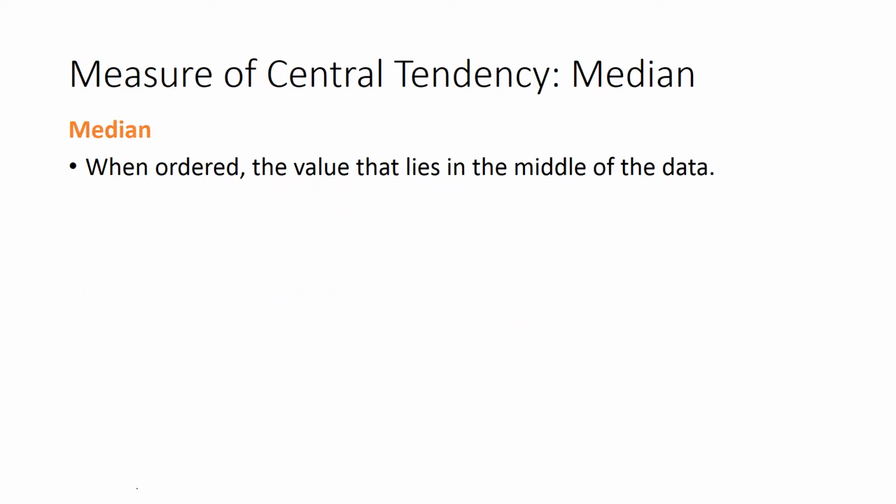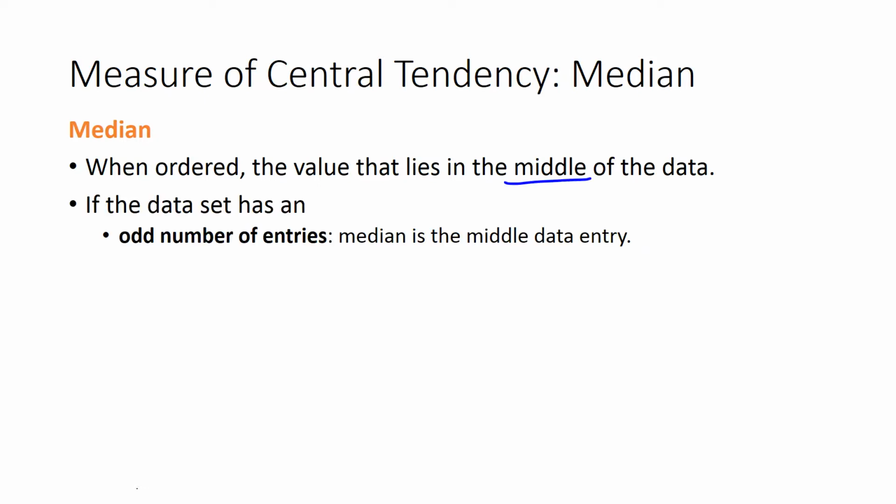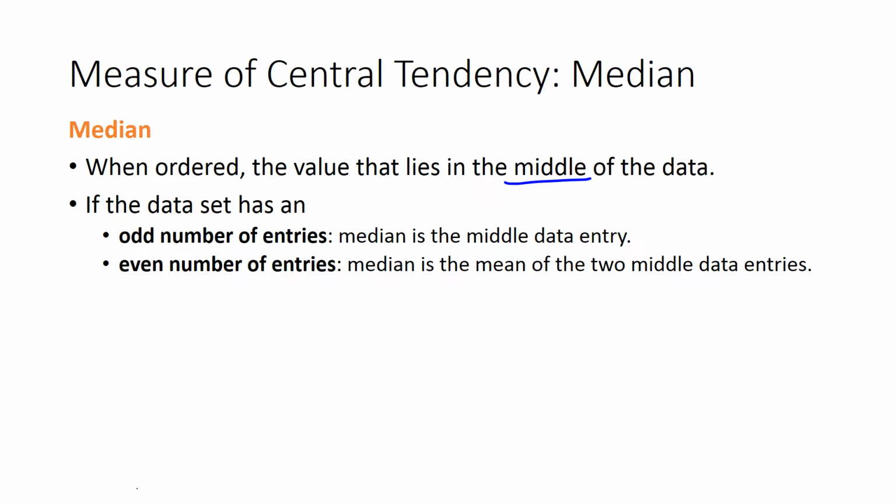The next measure of central tendency is the median. Whenever you order the data from least to greatest, the median is the one that is in the middle. If there's an odd number of things, then you will have a middle entry left. However, if there's an even number, you'd have 2 things in the middle, and so you just find the average of the 2 things.